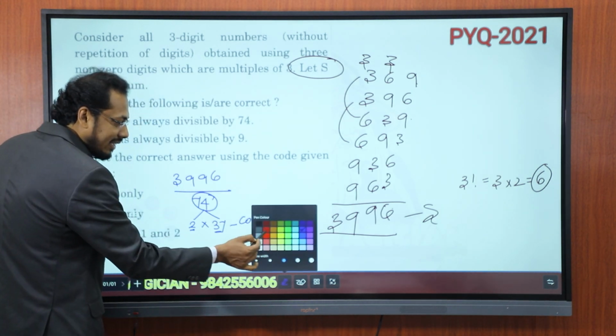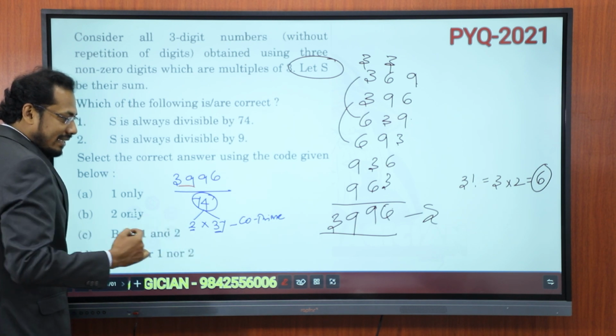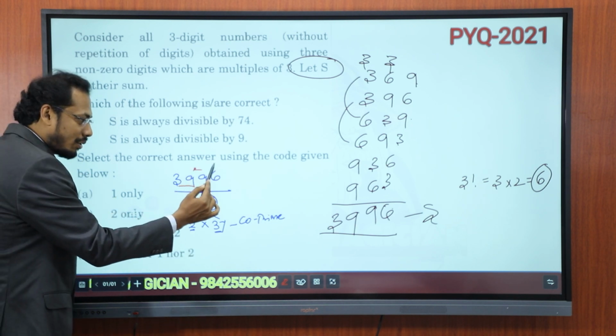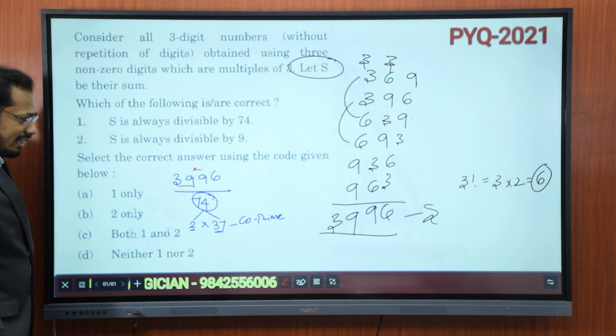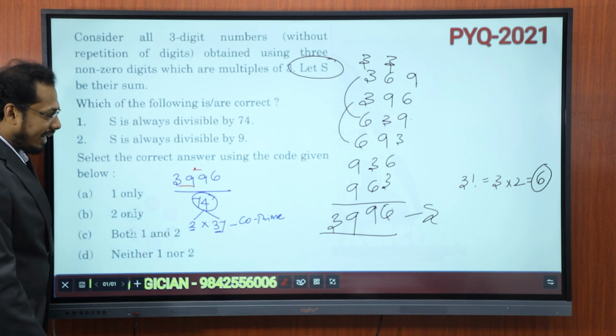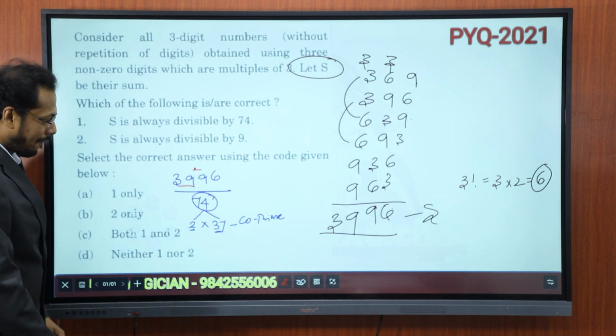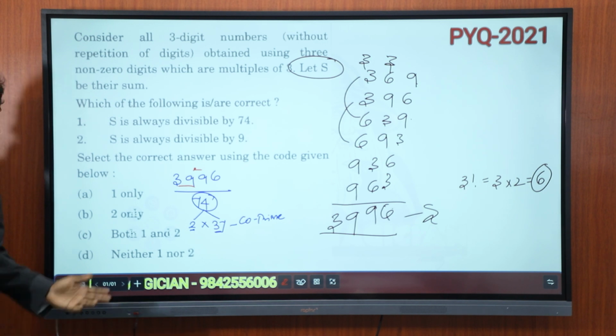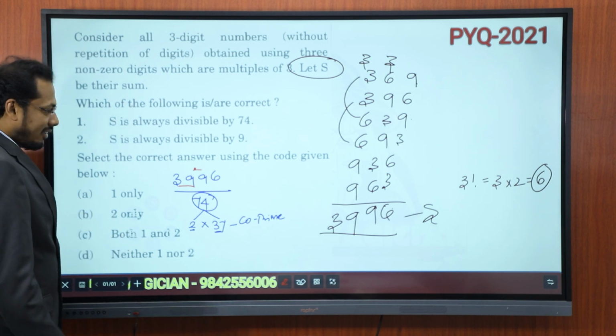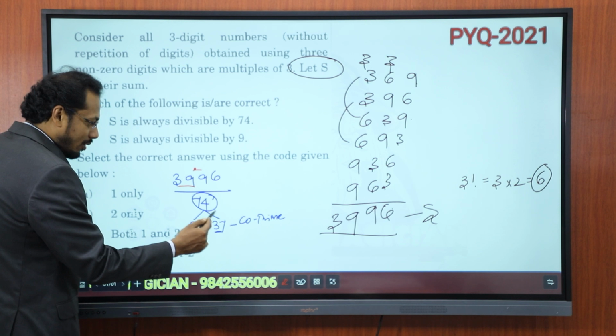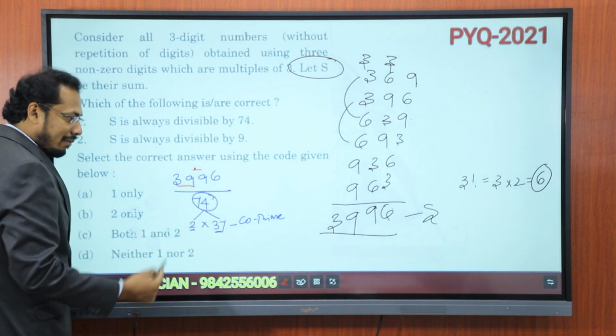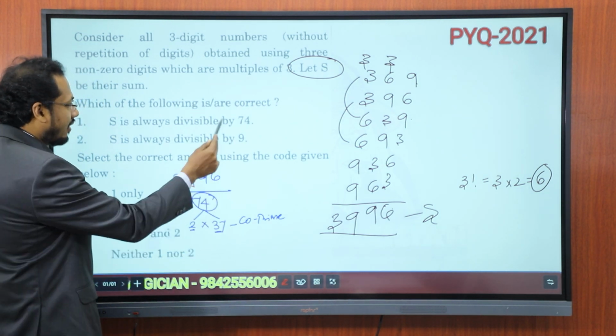This is very easy, right? 39, 37. So remainder is 2. Right. Now take this 296 divided by 37. It is 4 times, right? That's it. So the given number is divisible by 74.